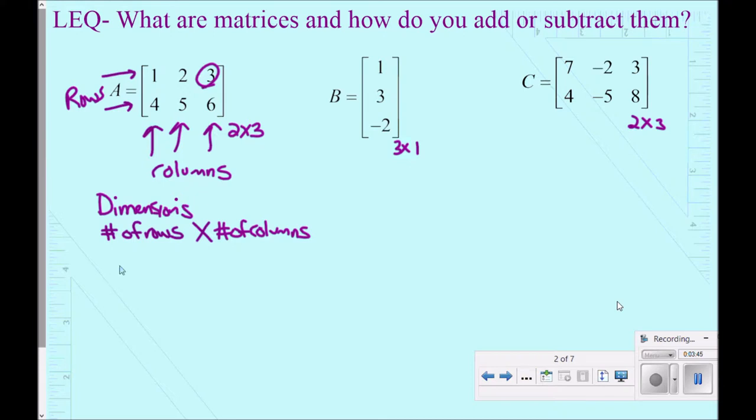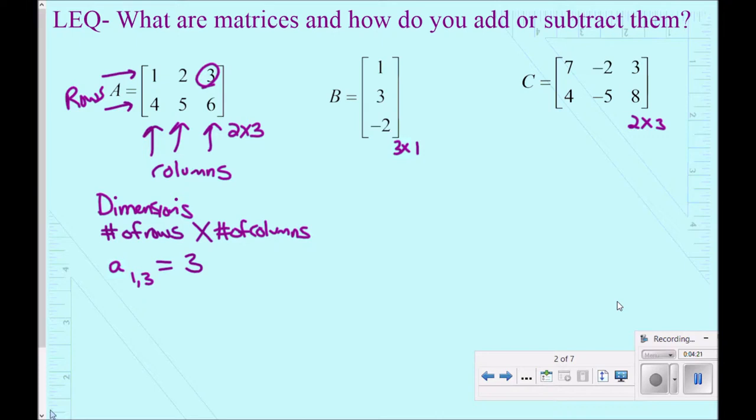If I use a lowercase a, that means I'm referring to an entry in the matrix. So lowercase a, and then we write a subscript here, and subscript meaning lower, smaller. We'll put the row number first and the column number second. So A1,3, and again that 1,3 is a subscript. A1,3 means the entry in matrix A in the first row, third column, which is equal to 3.